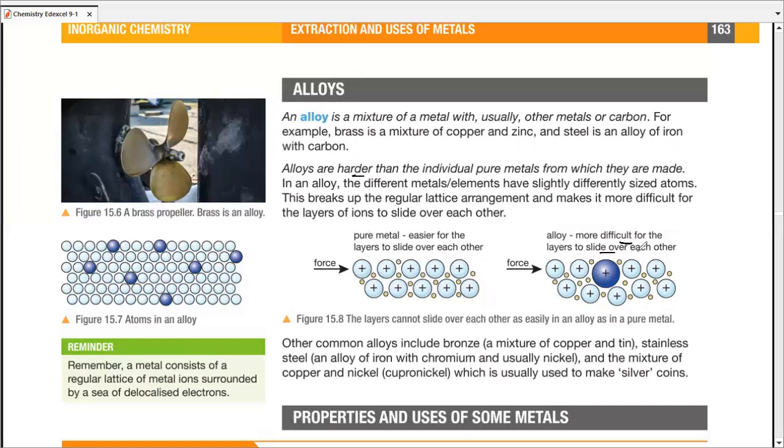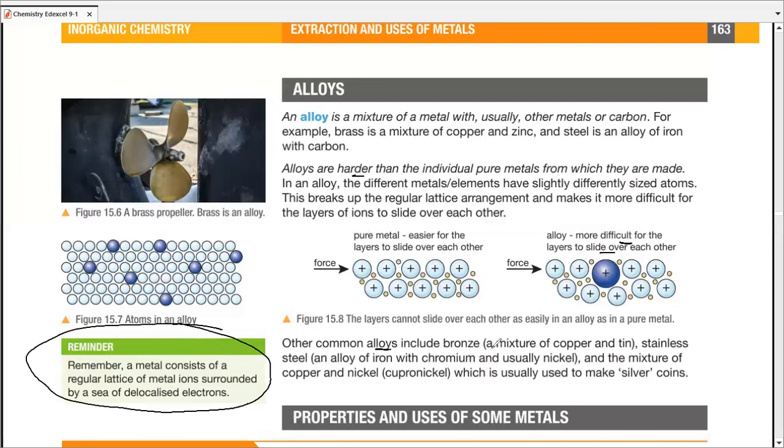Although the questions related to compromise are usually not asked in Edexcel. Make sense? So remember, a metal consists of a regular lattice of metal ions, positive ions to be exact, surrounded by a field of delocalized electrons, as I just said.